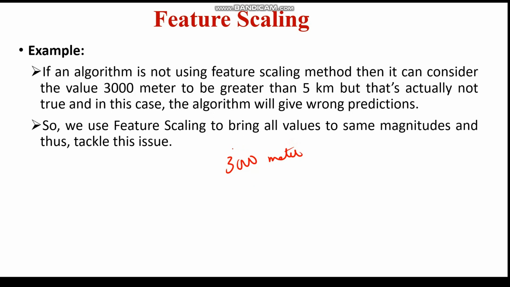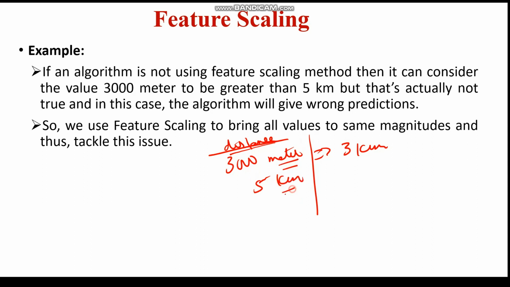In a data set, suppose in a column we have written the distance value. In distance we have written 3000 meter. So here we can see in this distance value, we know that this 3000 meters is equal to 3 kilometer, and the another value in this case is written as 5 kilometer.